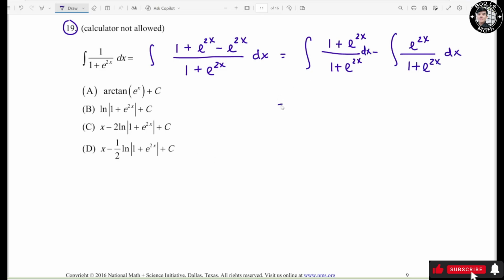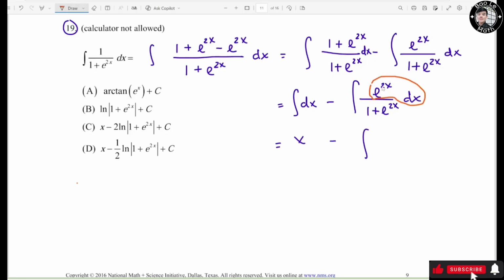Now the first one is going to be the antiderivative of ds, minus the antiderivative of e to the 2s over 1 plus e to the 2s ds. For the first one, it's going to be s. Now for e to the 2s ds, I can rewrite this as d of (1 plus e to the 2s) over 1 plus e to the 2s.